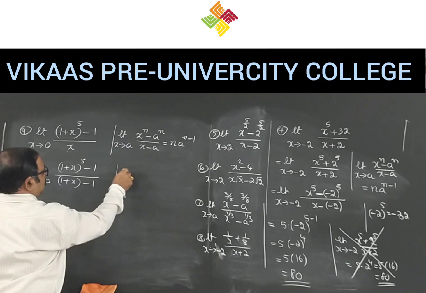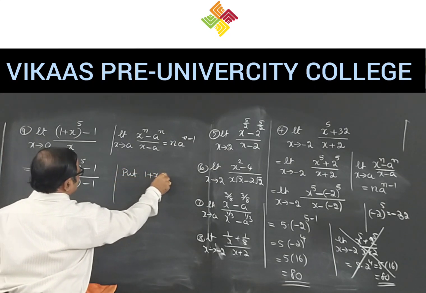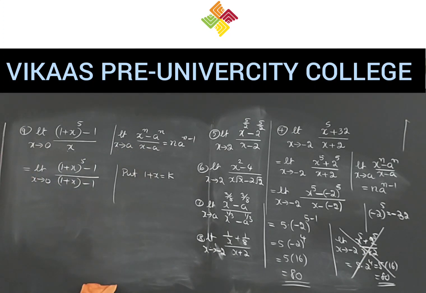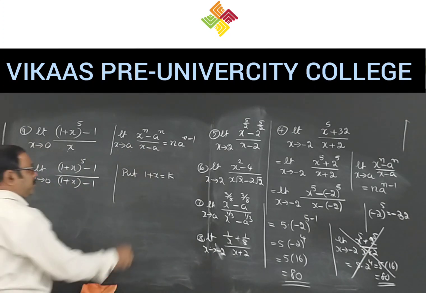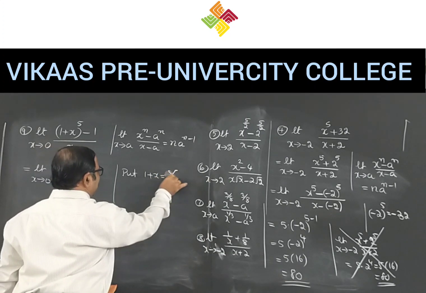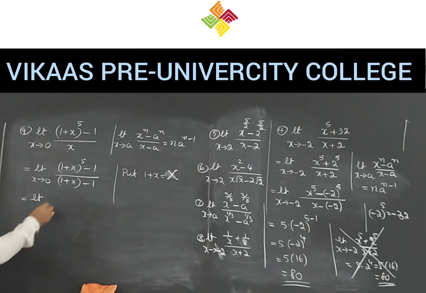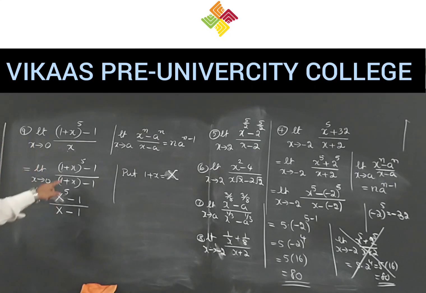How? First we put 1 plus x equal to k. Or you take it as capital X. Now the problem becomes, listen carefully, capital X power 5 minus 1 by capital X minus 1. Now when the problem is in small x, the limit is given in small x.